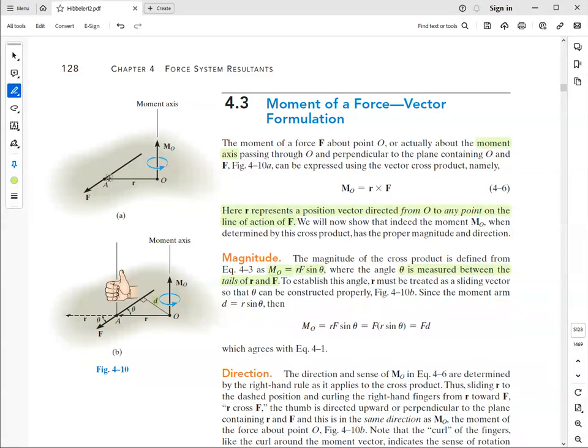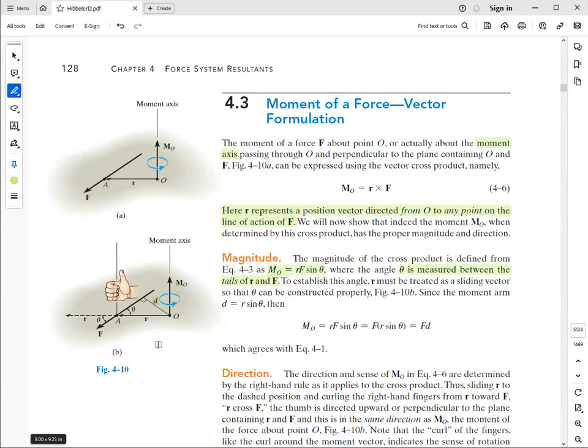Really, it could be the tail of the force vector, but the force vector can be anywhere along its line of action. It's a sliding vector. By the way, forces are sliding vectors. So as I'm sliding the force along its line of action, this radius changes, but the cross product remains the same.